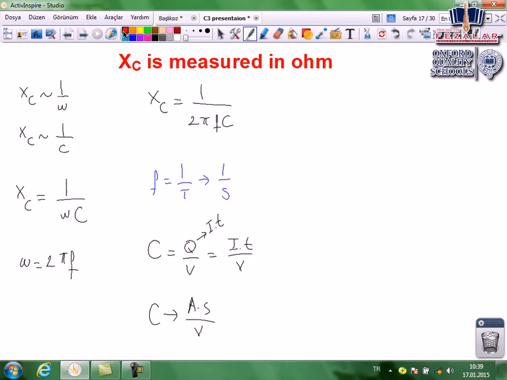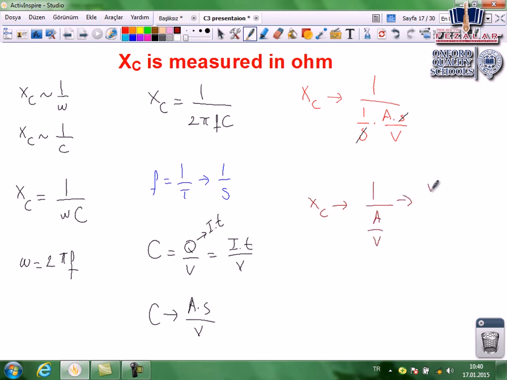Now let's place the units in the formula. Capacitive reactance is calculated by 1 over 2 and pi are numbers, there is no unit, 1 over second times ampere times second over voltage. As you see, there are 2 seconds too. We can simplify them. So Xc will be 1 over ampere over voltage.